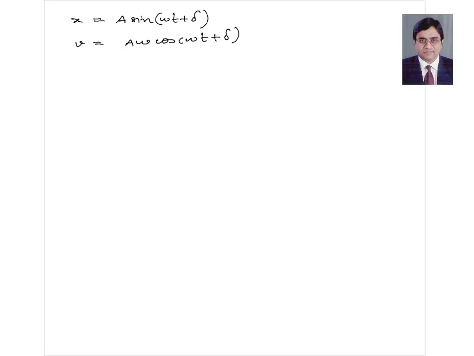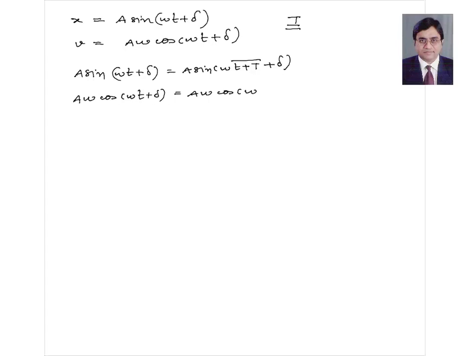Now they both must be equal after the minimum time called capital T. That means a sine omega t plus delta should be equal to a sine omega t plus delta, and a omega cos omega t plus delta equal to a omega cos omega t plus delta.